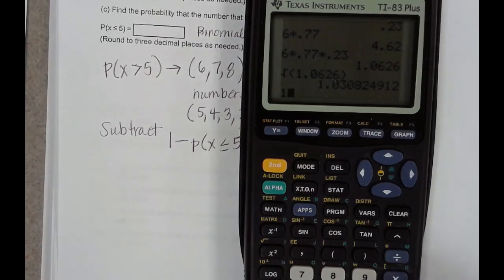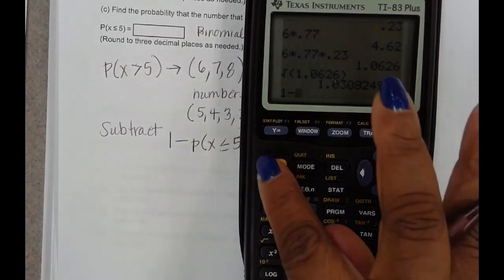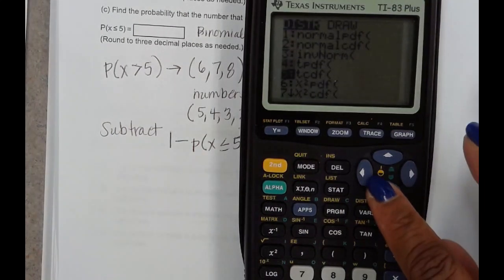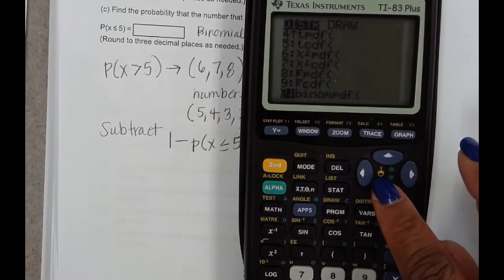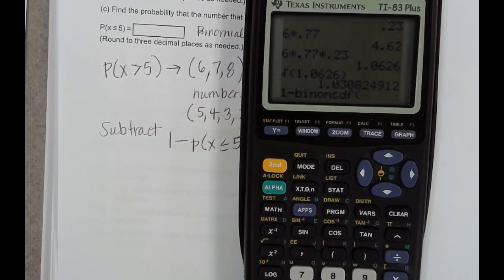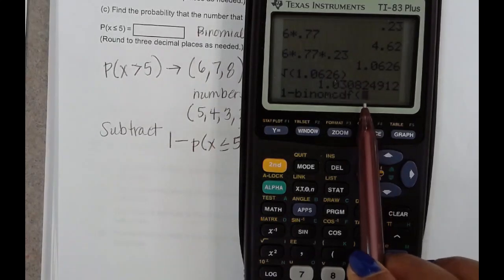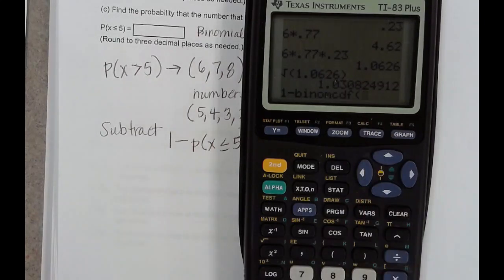1 minus, second vars, and I want CDF this time. So what was our number of trials, or our randomly selected number? That would be 8.